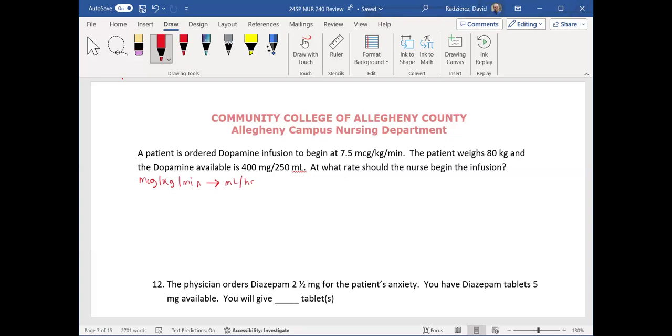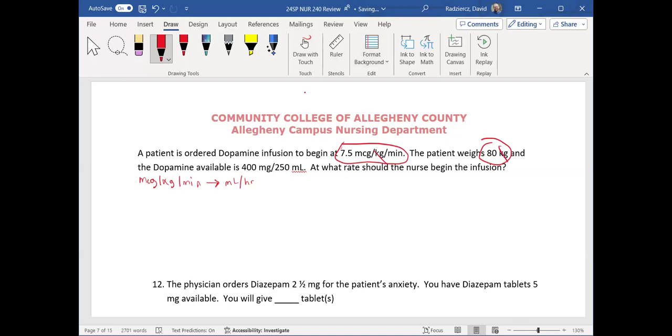The first thing I'm going to do is try to get rid of units. I have the 7.5 micrograms per kilogram per minute, and I have 80 kilograms. I'm going to combine those two numbers in order to get rid of kilograms. So at least now I'm just left with micrograms per minute.